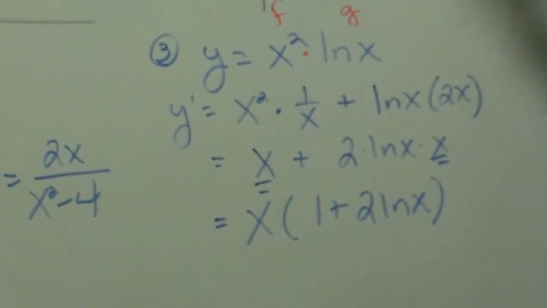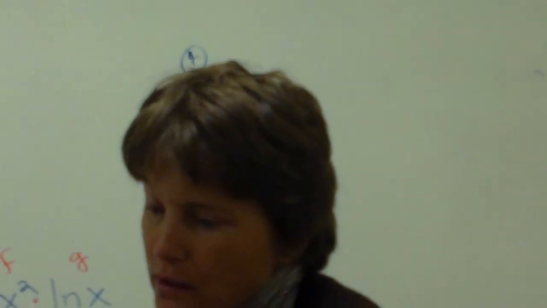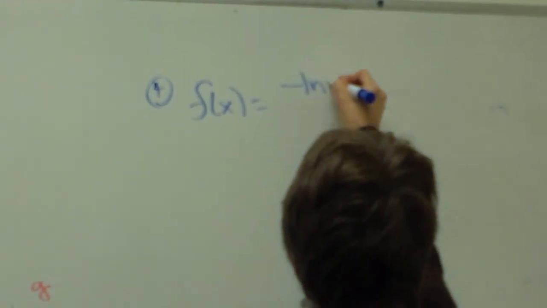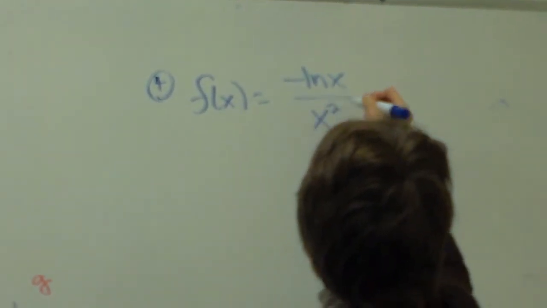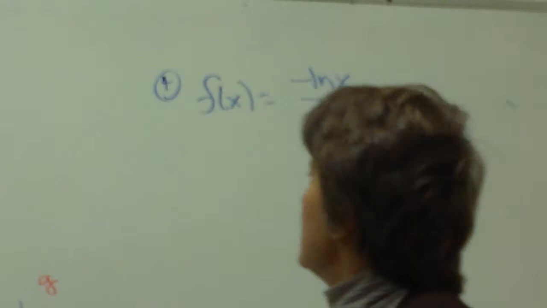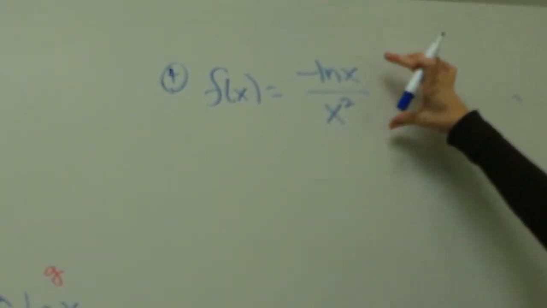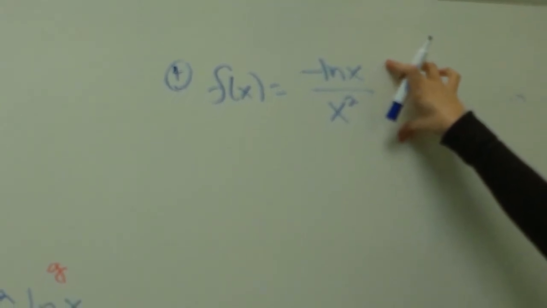And number 4 then is going to be the quotient rule. So we have a function divided by another function. And the only way to take its derivative as it's written is with the quotient rule.